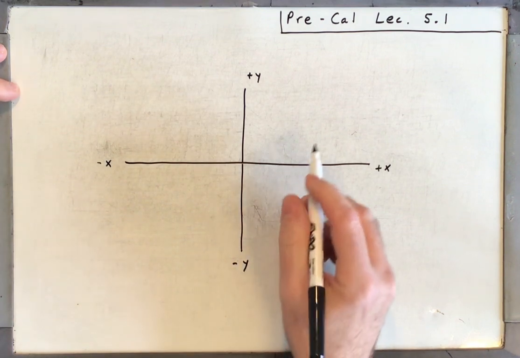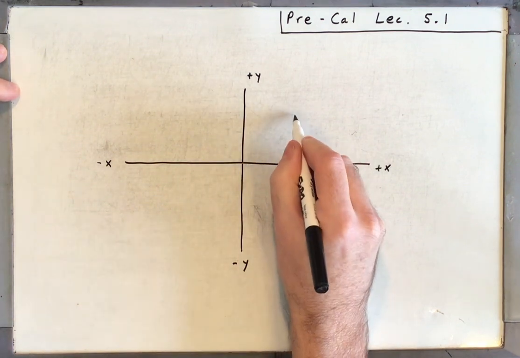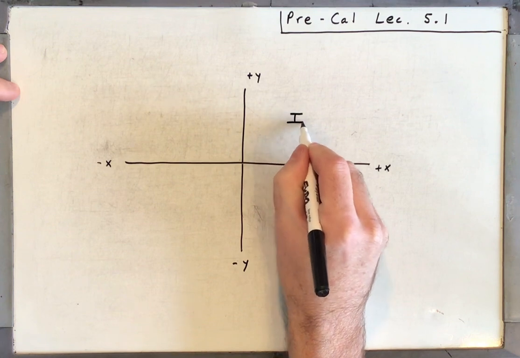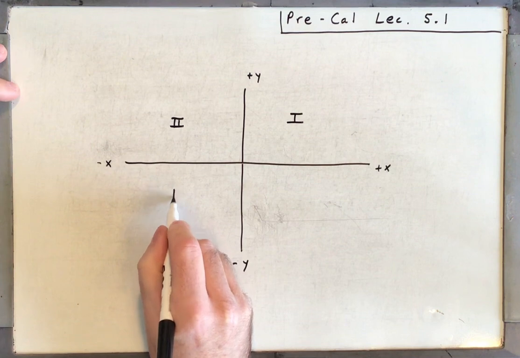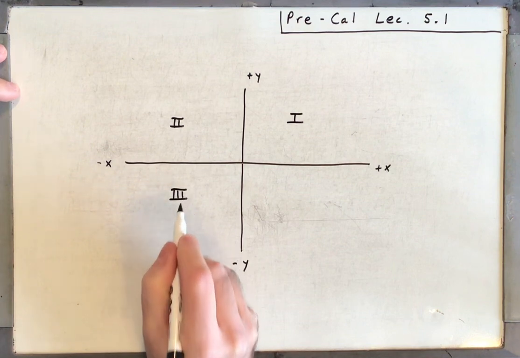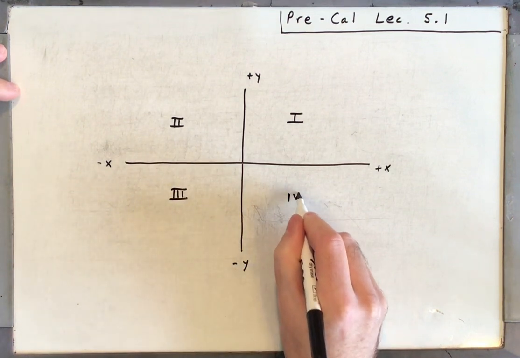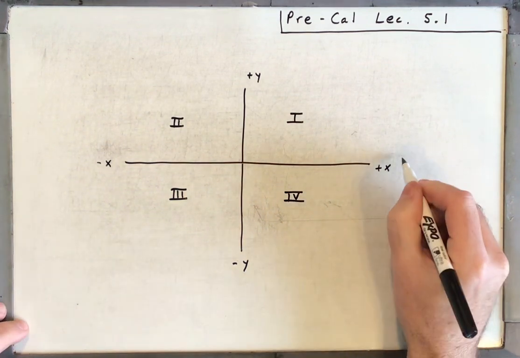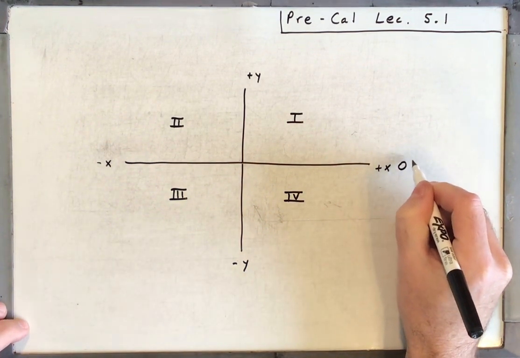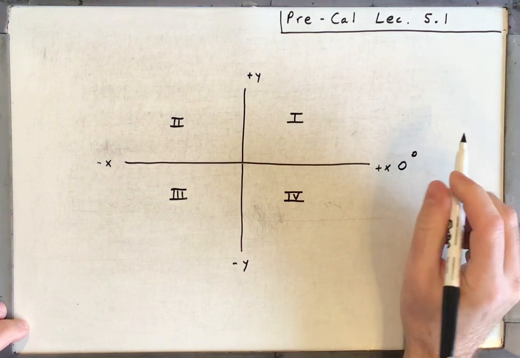We divide the coordinate plane into 4 quadrants. So quadrant 1, quadrant 2, quadrant 3, and quadrant 4.